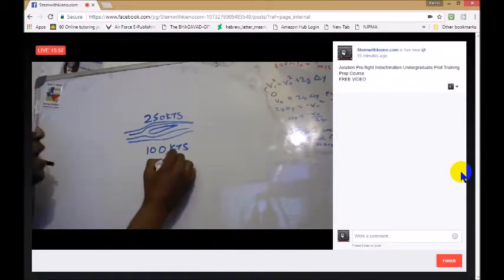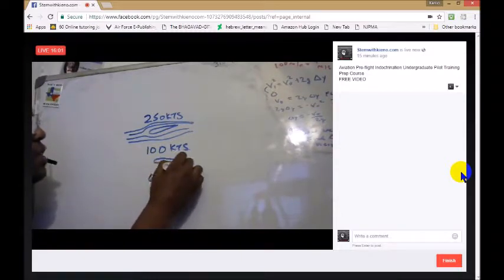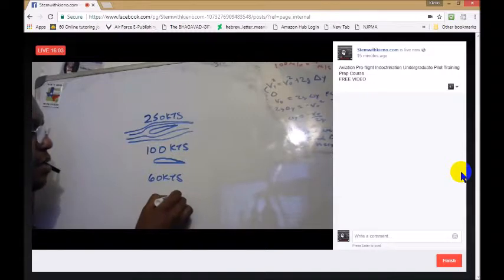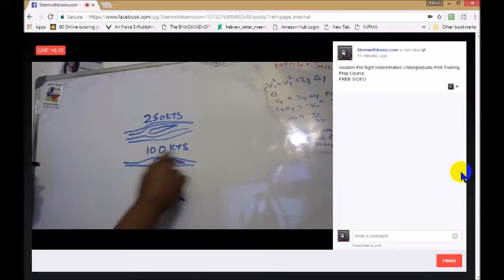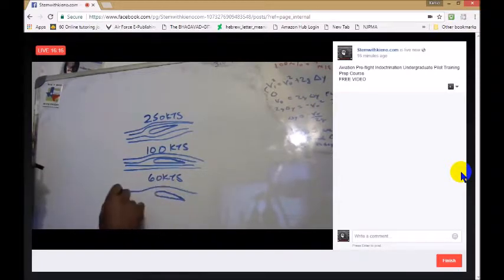At 100 knots, the wing may need to have an angle of attack something like this. And at 60 knots, the angle of attack would be like this. And this is why when airplanes get very, very slow, they're pretty much in a slightly nose-up position. So you can see that this airfoil is pitched up a little bit.